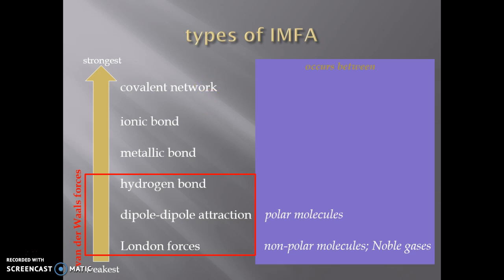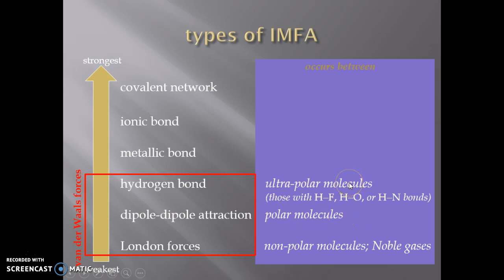Dipole-dipole attractions are between polar molecules. So here you have molecular substances, nonpolar ones versus polar ones. You also have another little subset for London forces, noble gases. And then finally, hydrogen bonding is really a super strong polar molecule.